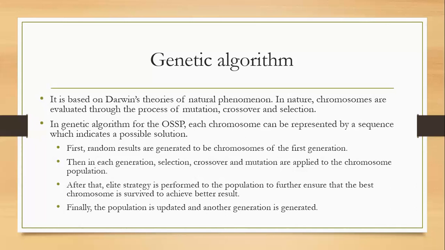Then in each generation, selection, crossover, and mutation are applied to the chromosome population. After that, elite strategy is performed on the population to further ensure that the best chromosome survives to achieve a better result. Finally, the population is updated and another generation is generated.